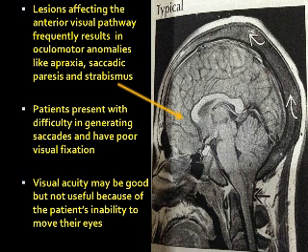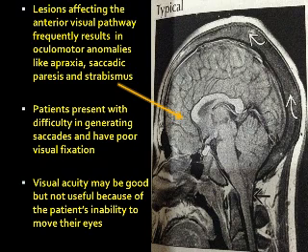As in any neurologic condition, we always try to localize. Briefly, lesions affecting the anterior visual pathway frequently result in oculomotor anomalies like apraxia, saccadic paresis, and strabismus. These patients present with difficulty in general visual fixation.